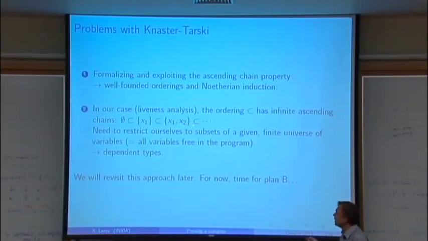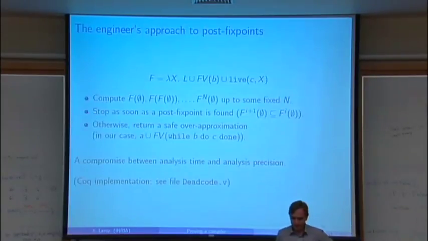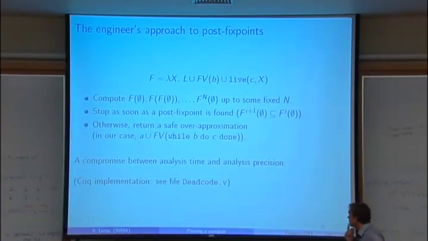By adding new elements, you can always grow and grow. So we'll have to argue that it is not possible for this particular fixed point computation to go on forever, and for that, we will need some dependent types. That will be for the end of the lecture. Right now, let's switch to plan B, which is the engineer's approach.